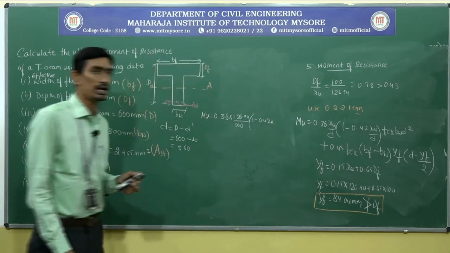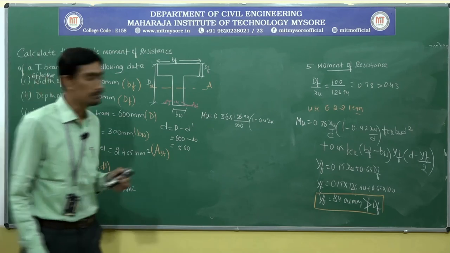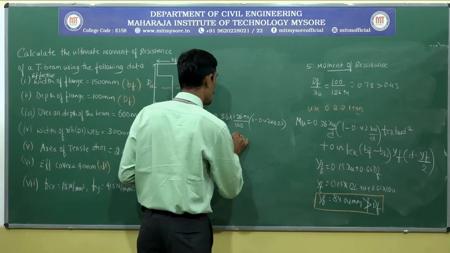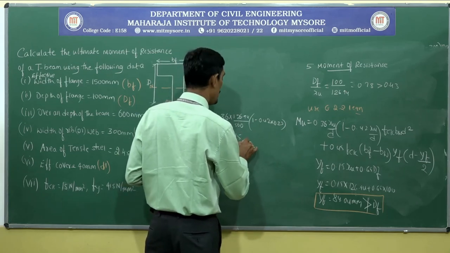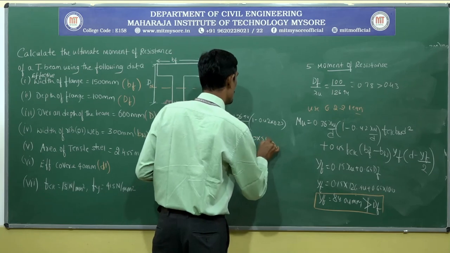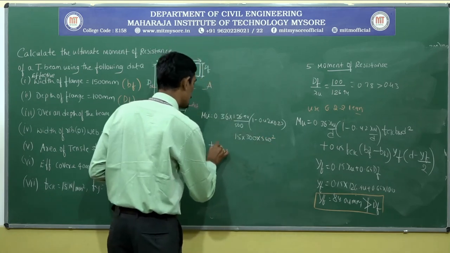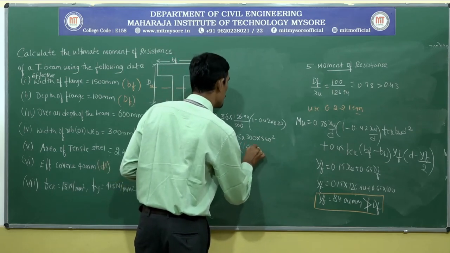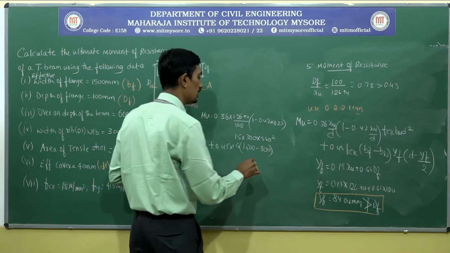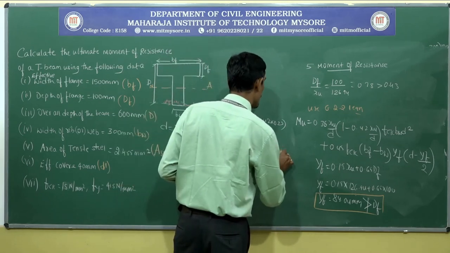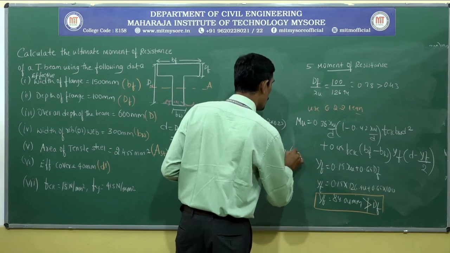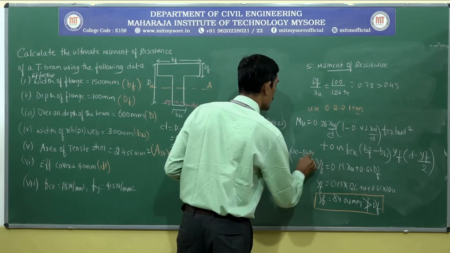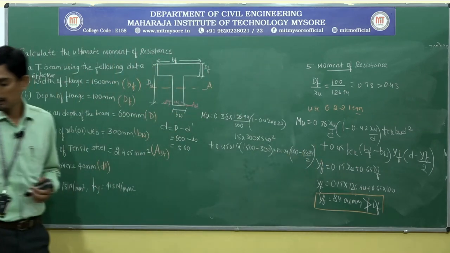If you do 126.94 by 560 you obtain 0.23, so I will directly substitute 0.23, into fck, which is 15, into bw, which is 300, into 560 square, plus 0.45 into 15 into (1500 minus 300) into yf, which is 84.04, into the effective depth 560 minus 84.04 divided by 2.